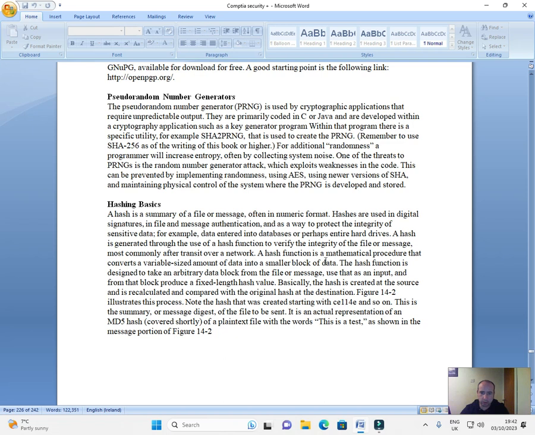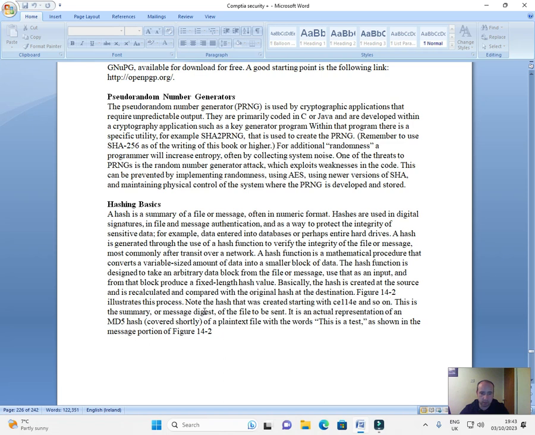A hash function is a mathematical procedure that converts a variable sized amount of data into a smaller block of data. The hash function is designed to take an arbitrary data block from a file or message, use that as an input, and from that block produce a fixed length hash value. Basically, the hash is created at the source and is recalculated and compared with the original hash at the destination.